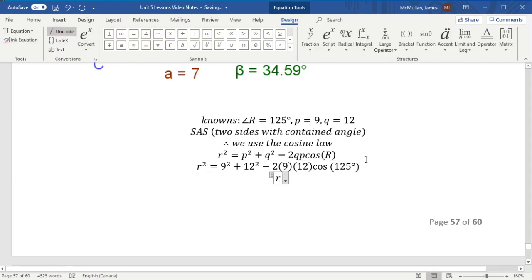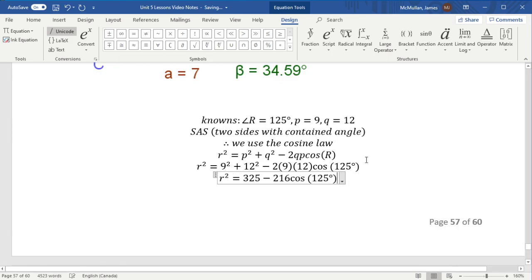Okay, so R squared is equal to, let's see, 81 plus 144 would be 325. And then 18 times 12, 72 plus 144 is 216, I think. I have to check that.